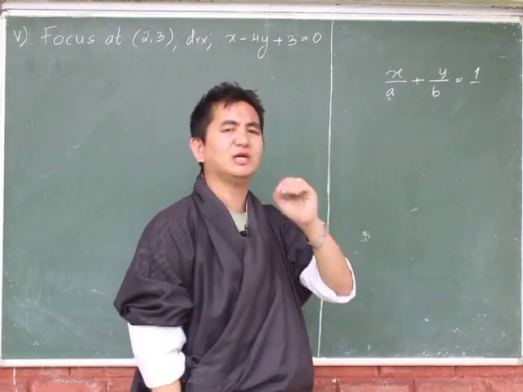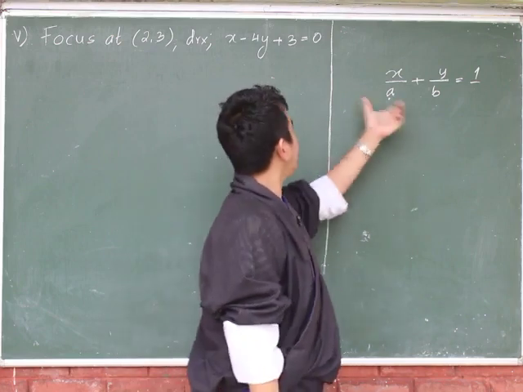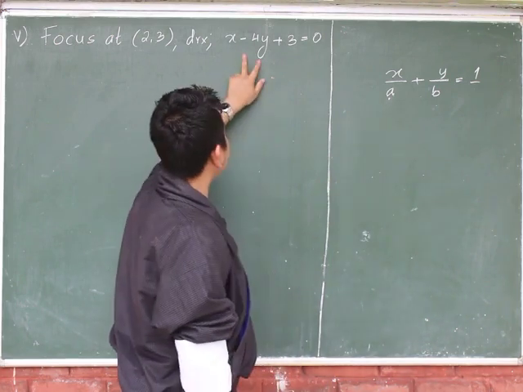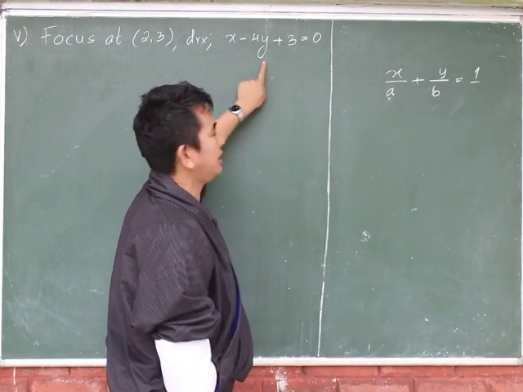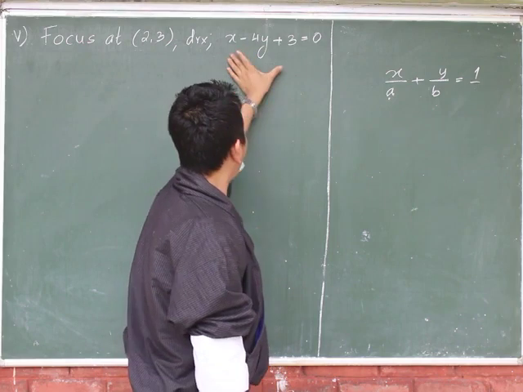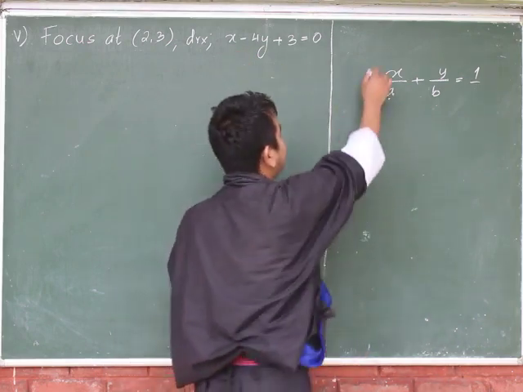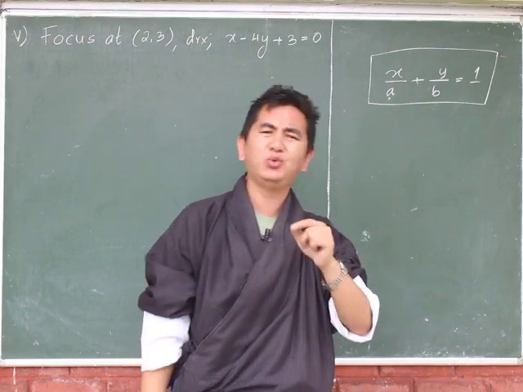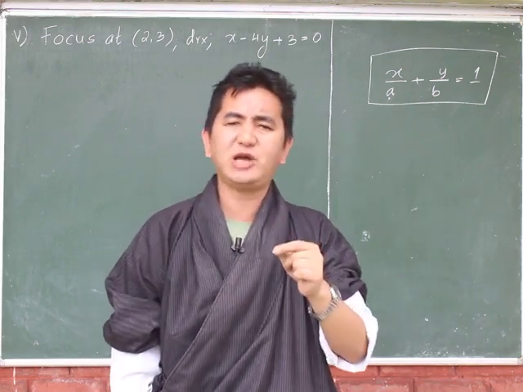Actually it's not necessary, I'm just showing you how this directrix is going to intersect. In this case the directrix will intersect the x-axis as well as the y-axis. This is the standard intercept form that you learn under the chapter plane.